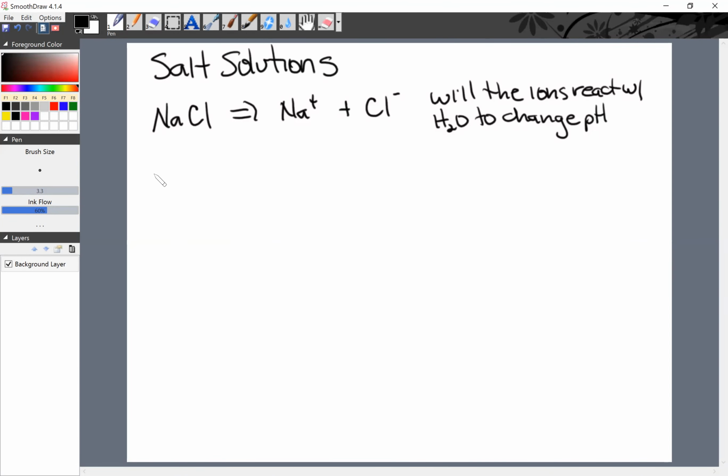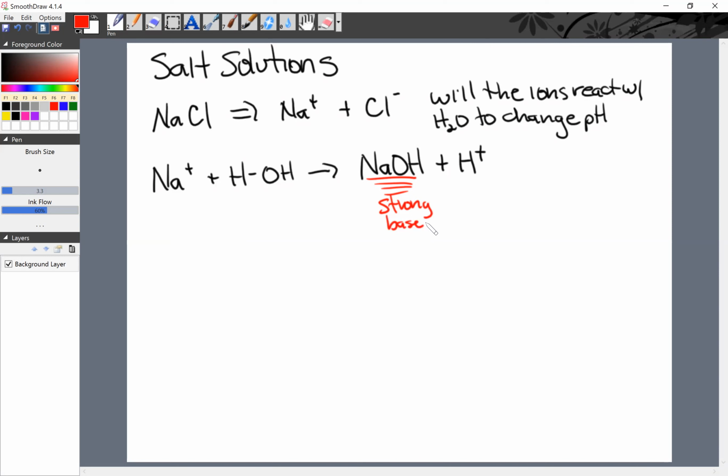So let's ask, hey, water, will you react with sodium ion? And the water says, well, I don't know. Do you want me to? The only thing possible would be if the hydroxide combined with the sodium and then this proton just came flying off. That's possible, but let's take a look at the reality of it. I just formed a strong base.